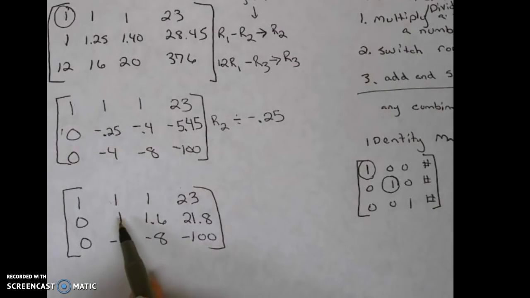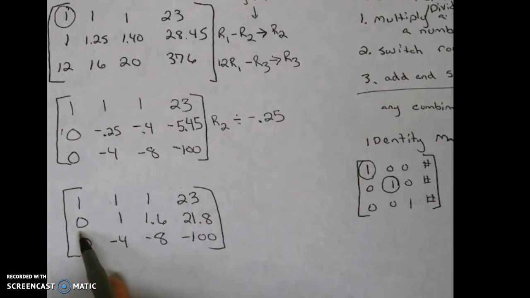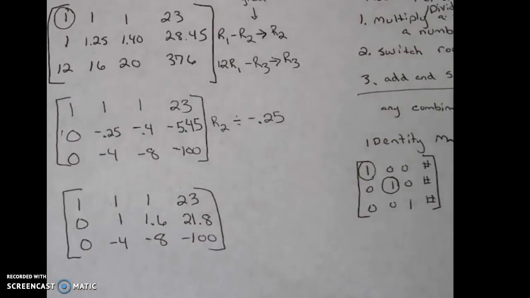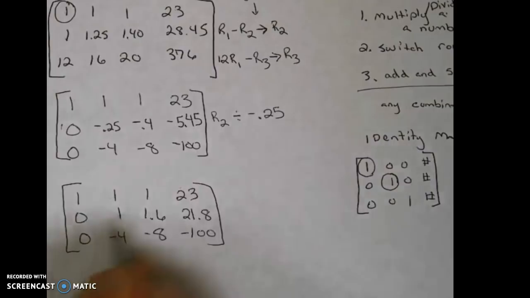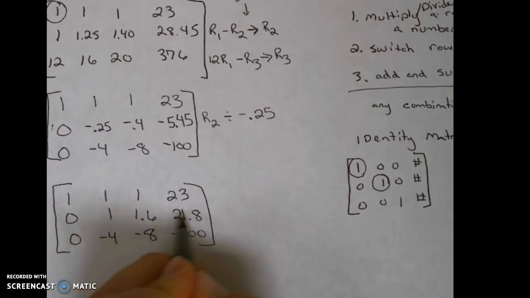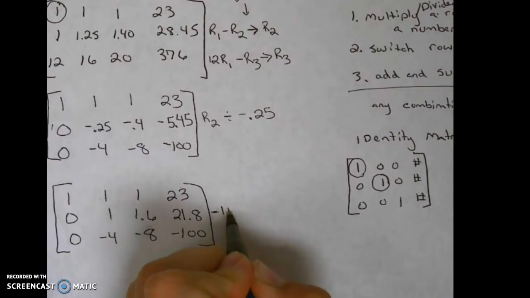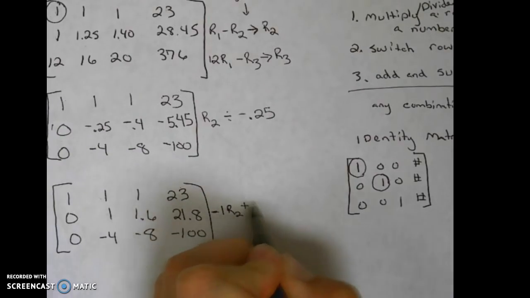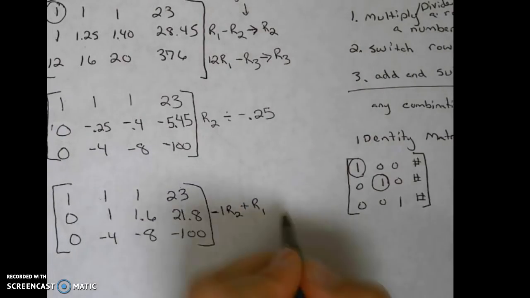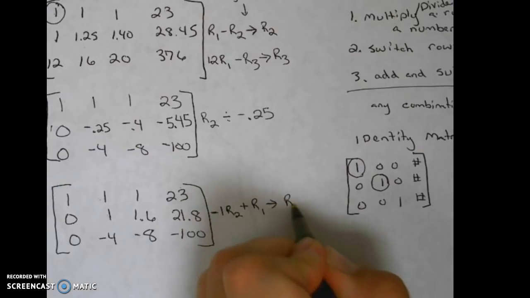Again, multiply this row by negative 1 and add it to this row, which will give us 0. Negative 1 plus 1 is 0. Now see what happens here. If I multiply 0 by negative 1, we get 0 plus 1 is 1. So we're going to take row 2, multiply it by negative 1, add it to row 1, and we get a new row 1.